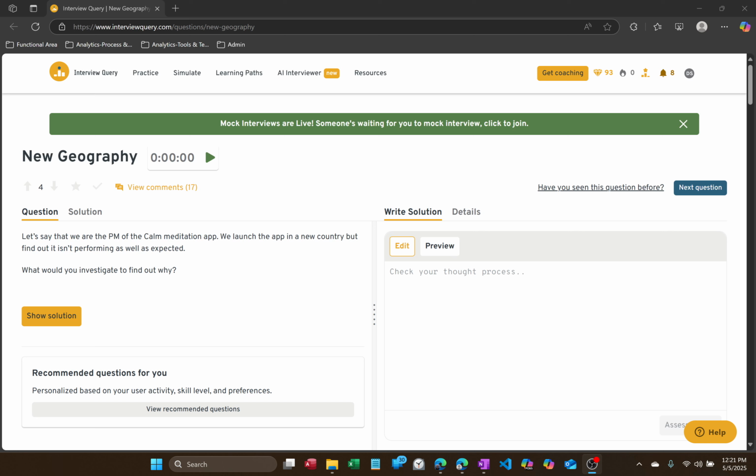User engagement rates. Let me try to understand what user engagement rates mean. This refers to the frequency and depth of interaction users have with our app. It includes metrics such as number of daily or monthly active users, session frequency, session durations, and specific actions taken within our app.